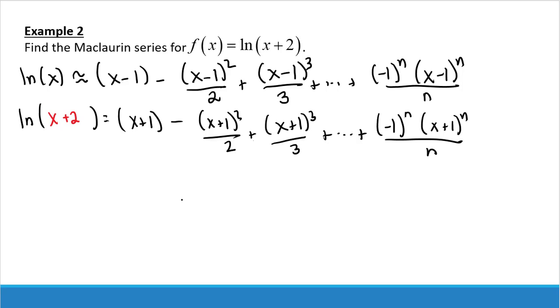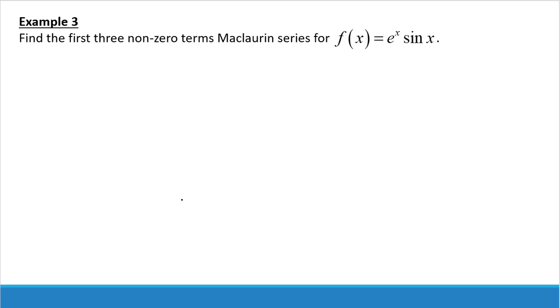Sometimes on the AP test, they're going to ask you to multiply series out. So you have to remember a couple of series. We have to remember our e to the x series. And since it says first 3 non-zero terms, that's going to be key to us. E to the x, remember, everybody's in.